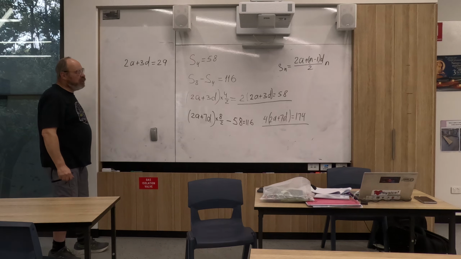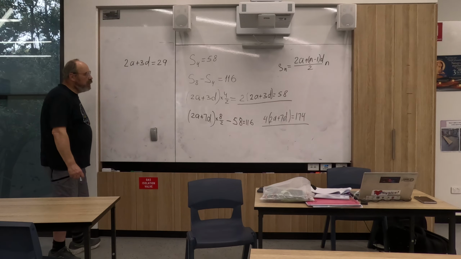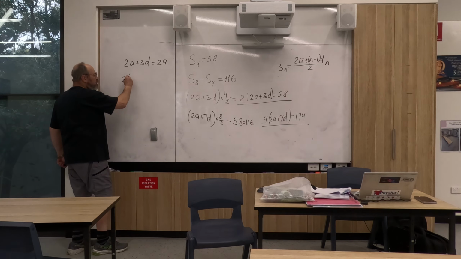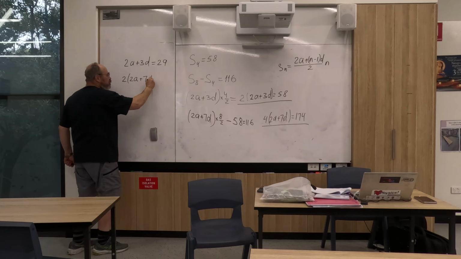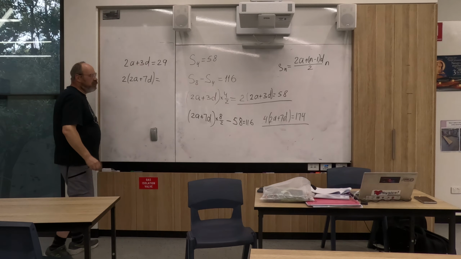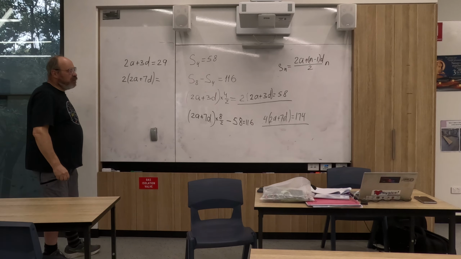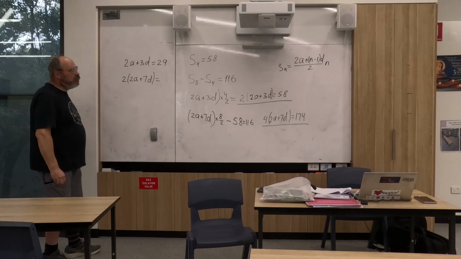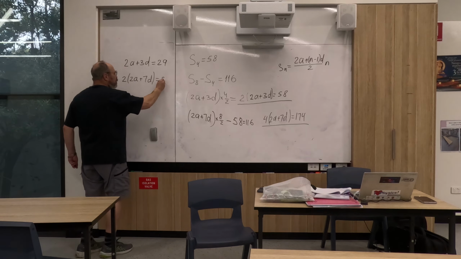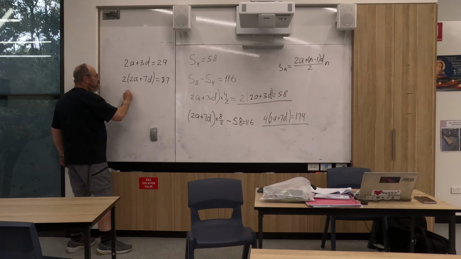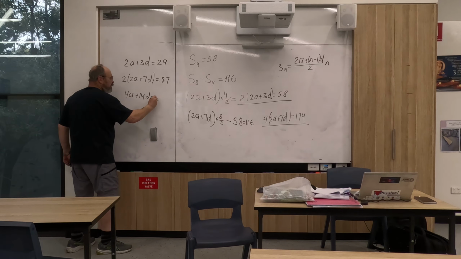And the second one, divided by 2, we get 2 times 2a plus 7d equals 174 divided by 2, which is 87. Expanding the brackets, 4a plus 14d equals 87.